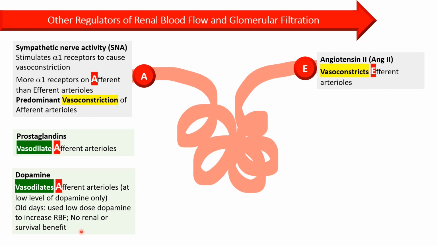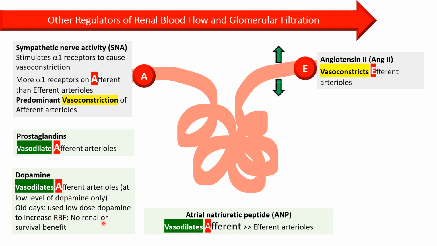However, since there are no data to support improved renal or survival benefit, this practice is no longer used. Last, we have atrial natriuretic peptide, also known as ANP, which vasodilates both afferent and efferent arterioles but more so for afferent than efferent arterioles.